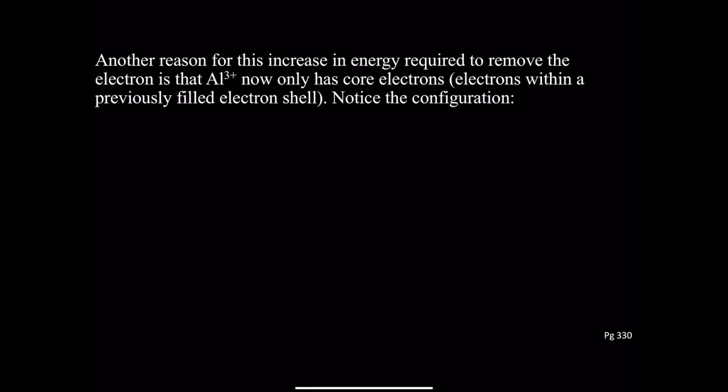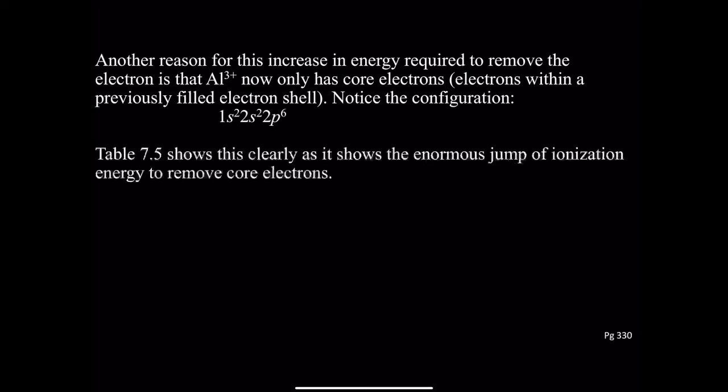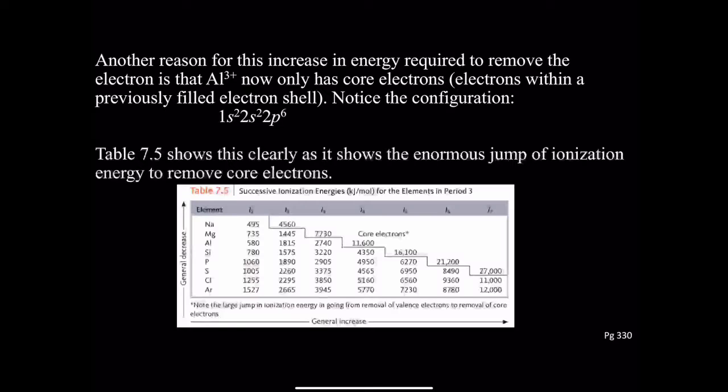Another reason for the increase in energy is that, especially in aluminum, when we have the ion of +3, it now only has core electrons, or electrons within a previously filled electron shell. When you have 8 electrons in there, they like that noble gas configuration, so they do not want to be removed, and so it requires even greater energy. Table 7.5 shows this clearly, with the enormous jump of ionization energy to remove the core electrons.